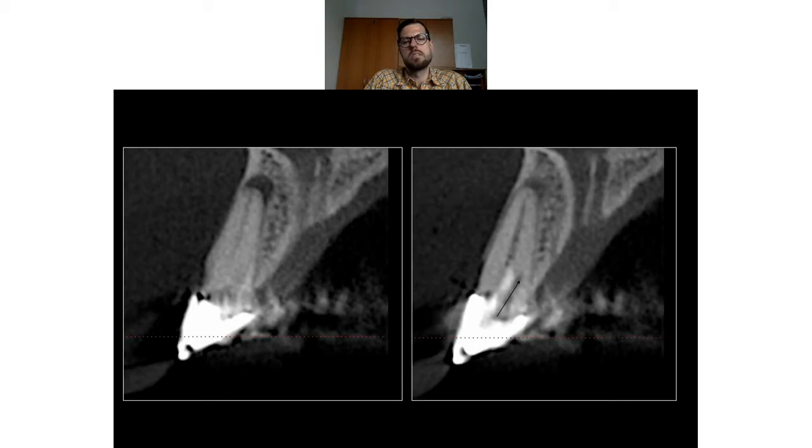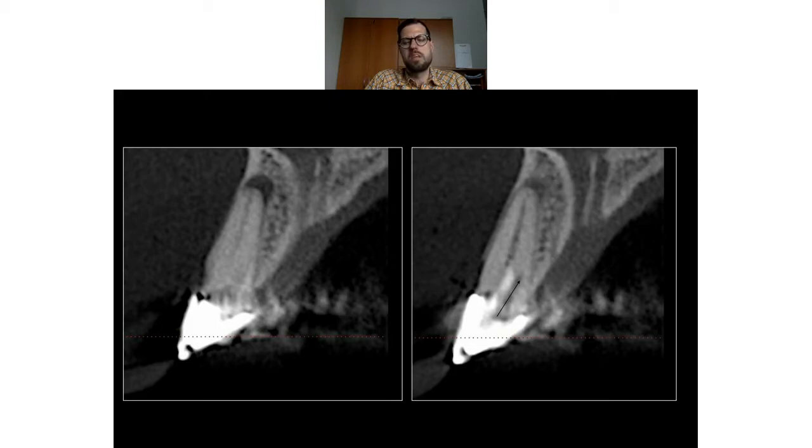But nowadays, I have my CBCT. So after the attempt, I made this CBCT, and I finished my preparation just right, because otherwise I would have done a perforation on the palatal side.